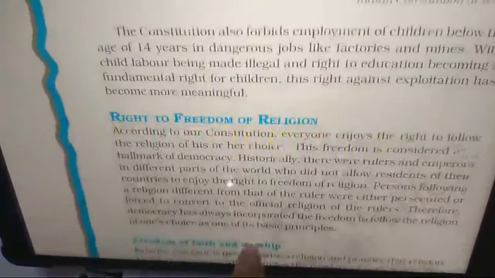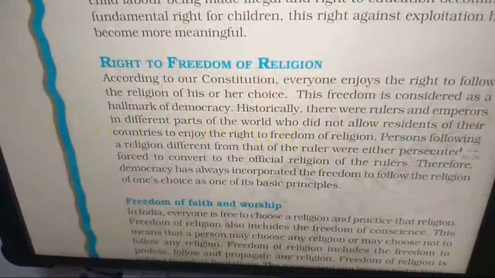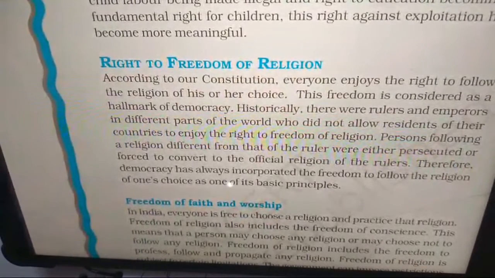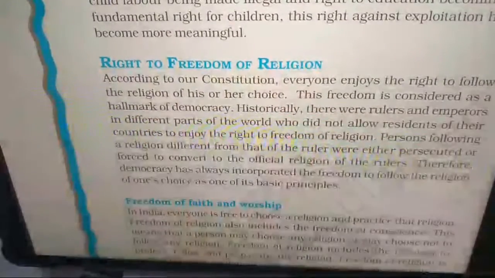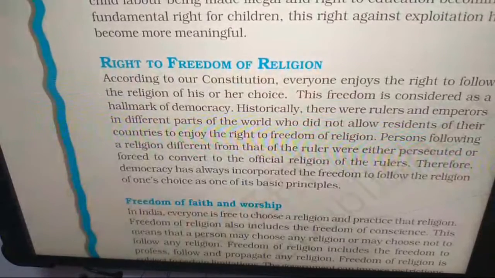Right to freedom of religion. According to our Constitution, everyone enjoys the right to follow the religion of his or her choice. This freedom is considered a hallmark of democracy. Historically, there were rulers and emperors in different parts of the world who did not allow residents of their countries to enjoy the right to freedom of religion.